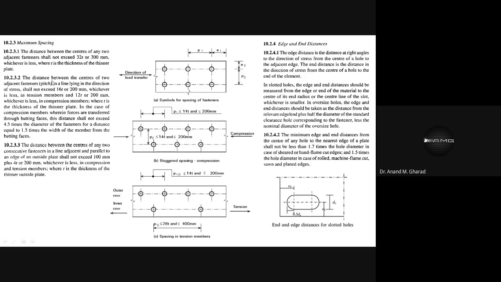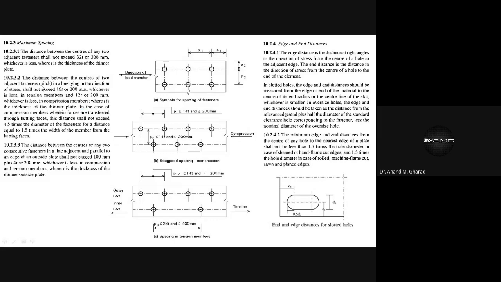Then the distance between the centers of two adjacent fasteners, which is known as pitch, in a line lying in the direction of the stress, shall not exceed 16 times t or 200 mm, whichever is less, in tension members, and 12 times t or 200 mm, whichever is less, in compression members, where t is the thickness of the thinner plate.